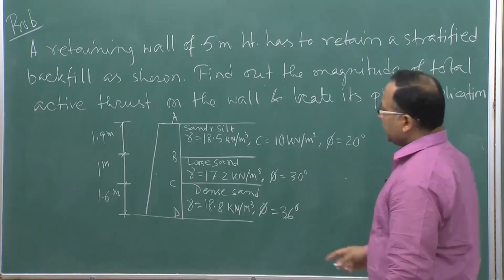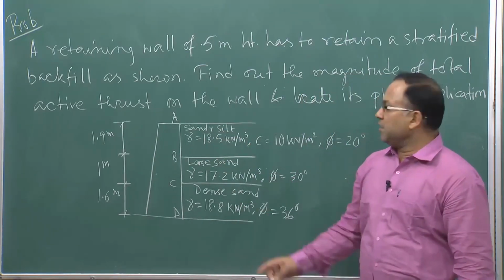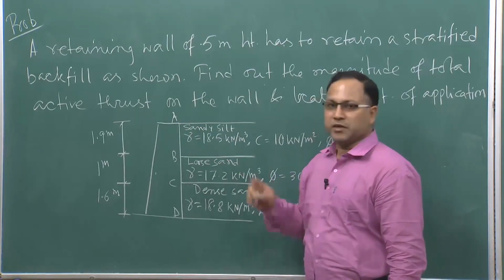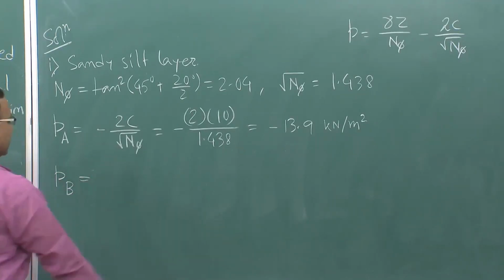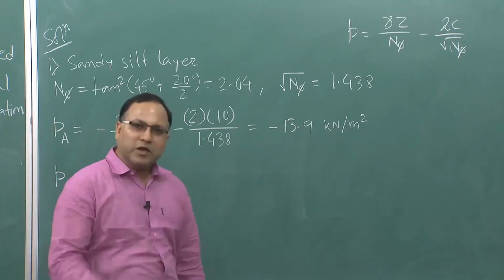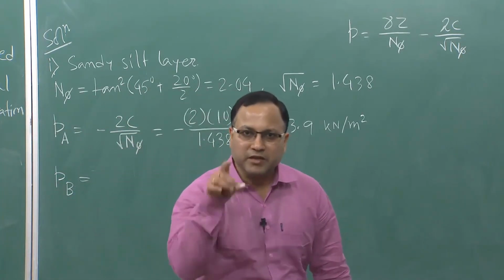Okay. Then this top layer is spanning from point A to point B. So, I will get PB, that is the active earth pressure at point B when you are considering stratum 1, that means at the interface, right.